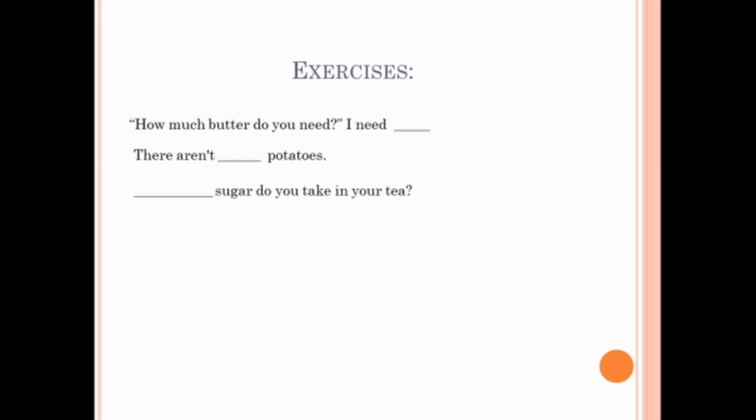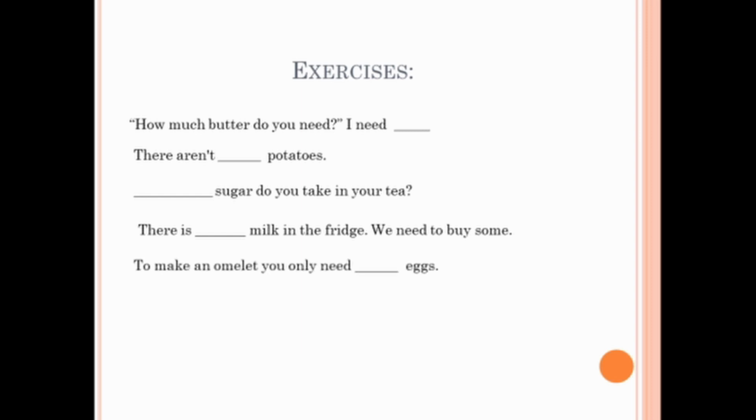Sugar do you take in the tea? There is milk in the fridge. We need to buy some. And to make an omelette, you only need eggs. So, first question, how much butter do you need? I need... You can pause the video if you want so that you can answer all the questions.